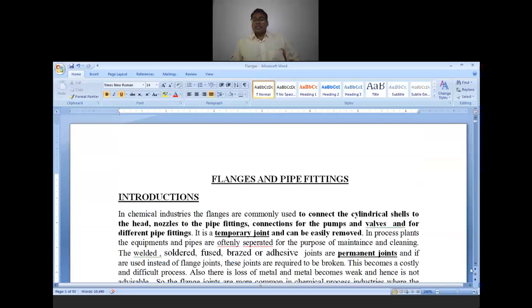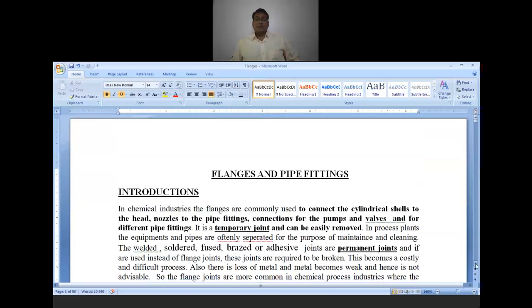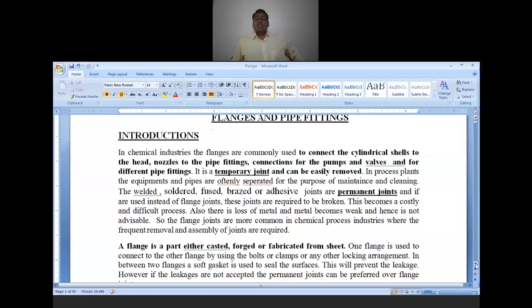Now basically in chemical process industries, you need to connect the cylindrical shell to the head. Then nozzles are connected to the pipe fittings. Then connections for pumps and valves for the different pipe fittings.